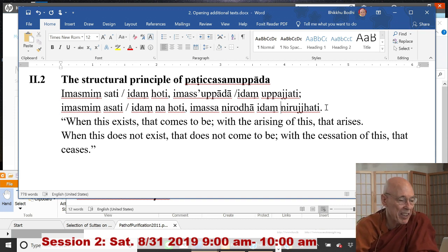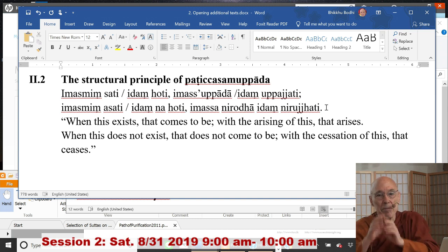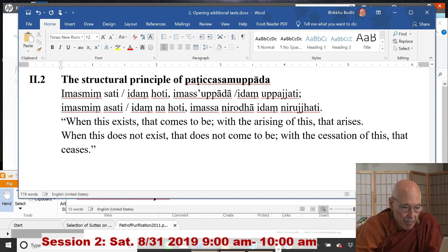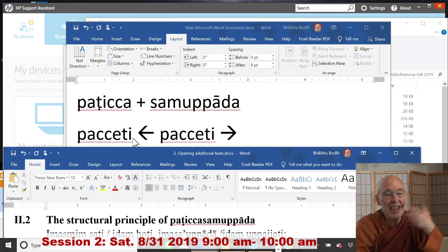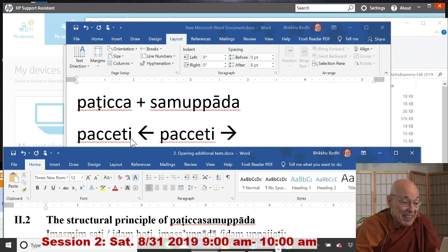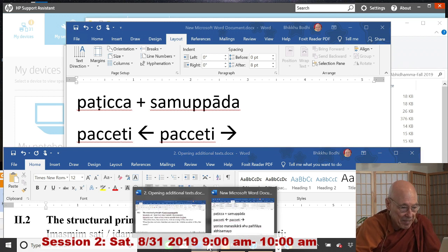Then punishment occurs. When there's punishment, then conflict breaks out. So all of this is applied to social conditions by way of this existing, that comes to be. But the main application of dependent origination is to the problem of dukkha, the problem of, call it, samsaric suffering.